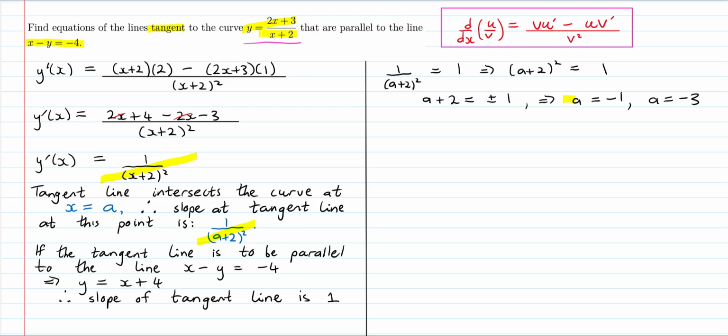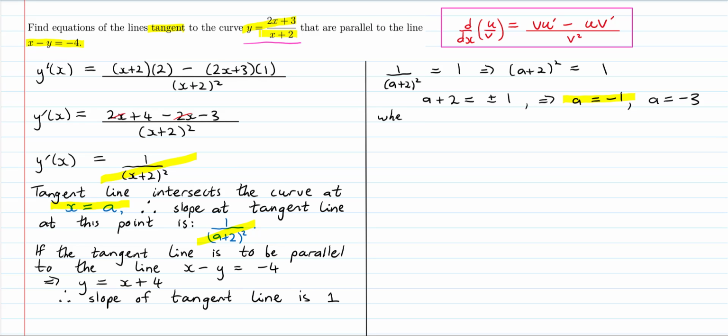First we'll take a equal to negative 1. If x is equal to a, then x is equal to negative 1. So we plug x equals negative 1 into our equation for the curve to find the y coordinate at that point.